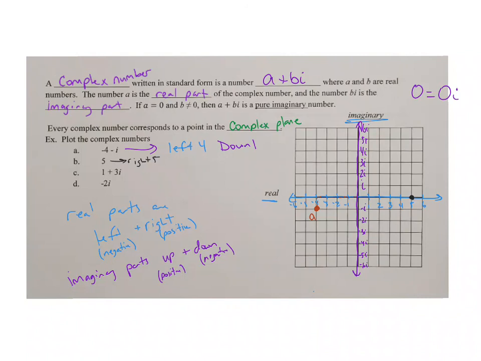C, I go right 1, up 3. And then D, I'm going to go down 2. That's it. That's all plotting points on a number line. That's all it is. It's just we have 2 parts, so there's 2 axes, and it's just directions, left and right, up and down. That's it.